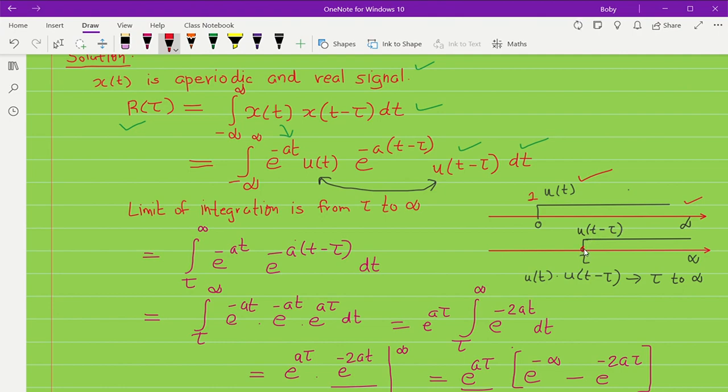If you multiply these two signals, u of t and u of t minus tau, what results is u of t minus tau. That means the product is equal to 1 from tau to infinity.